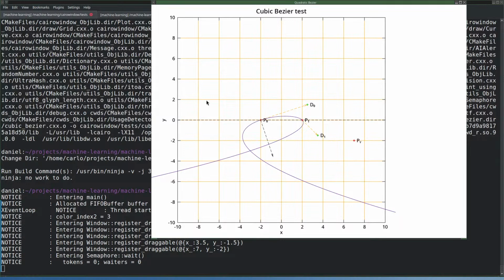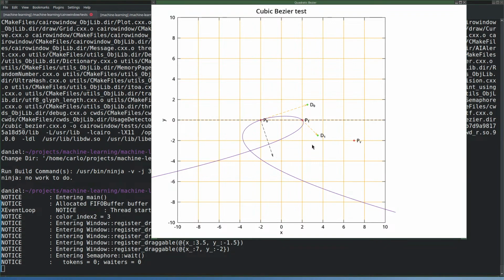Yep, now it's 90 degrees. So this is the curvature vector, which is always perpendicular to the curve, of course. And if the curve is a straight line, this should be 0.